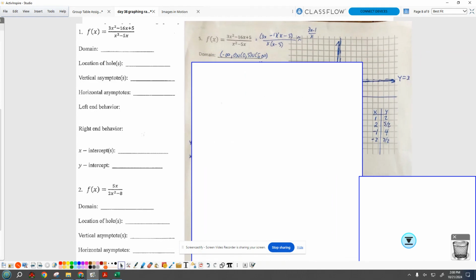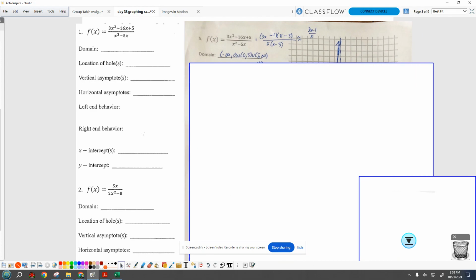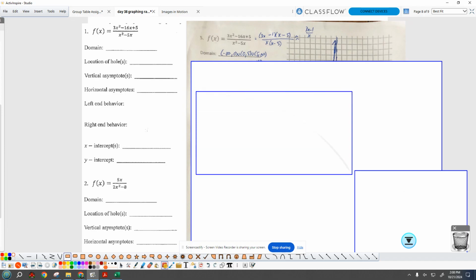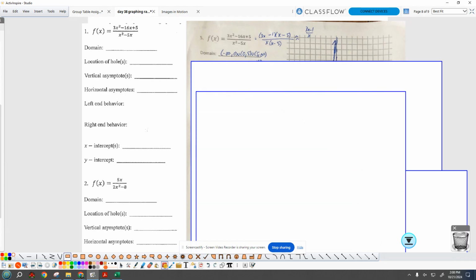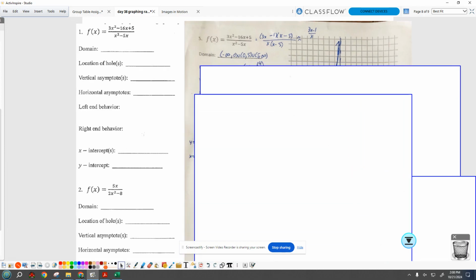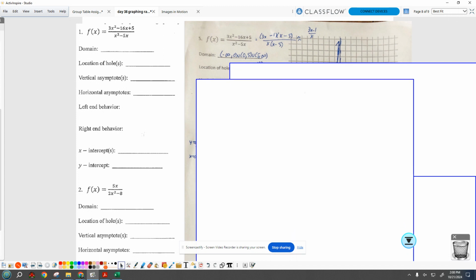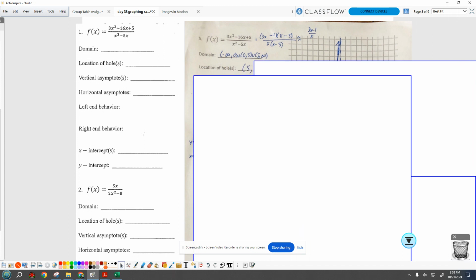Okay. I agree. So someone else said the location of the hole happens where the factor that matched equals 0. So where does x minus 5 equal 0? At x equals positive 5.